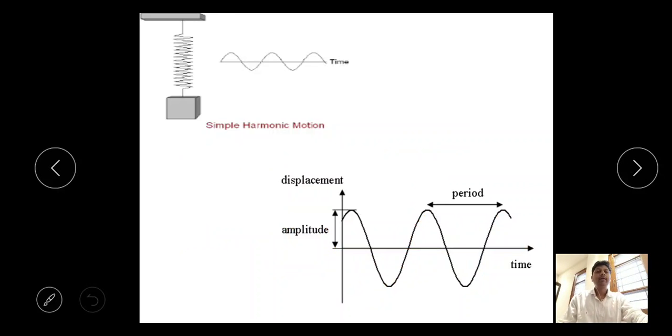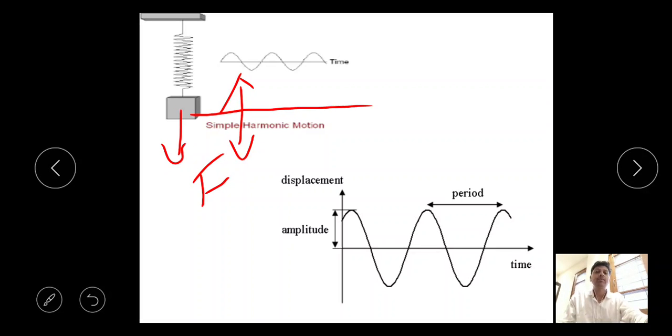Suppose you take the example of a spring. When you pull it, when you apply a force, what happens? It will start moving up and down from a mean position. From this position, it starts moving up and down. Or you can show this up and down motion by this diagram.